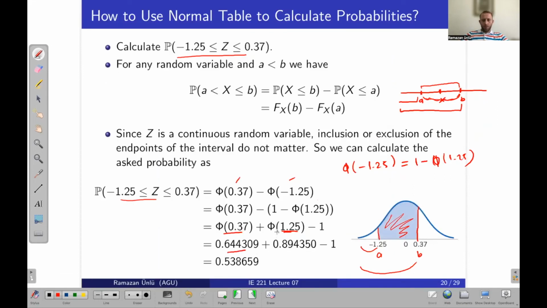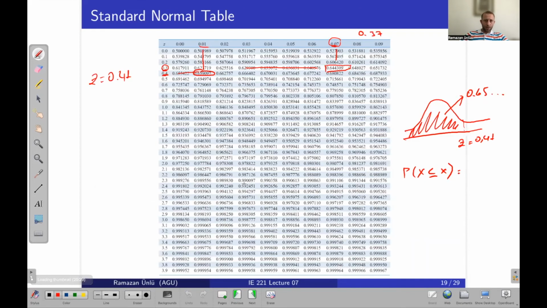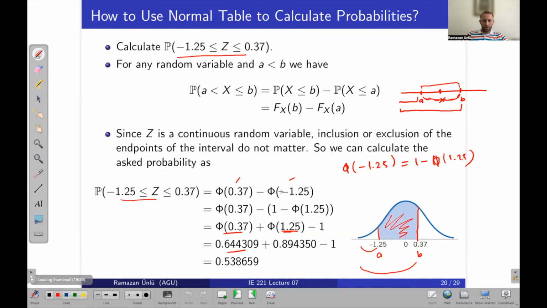Now let's look at 1.25: 1.2 here and 0.05 here. If I sum these two, I get what I'm looking for, 1.25. And the intersection of these will give me the CDF of this one, which is 0.89 something.